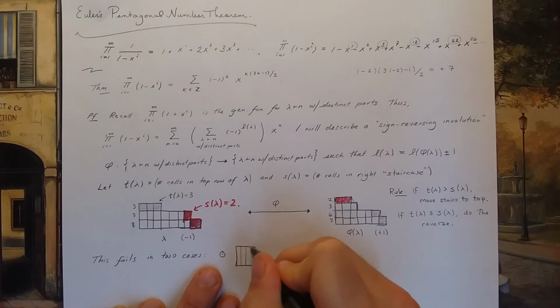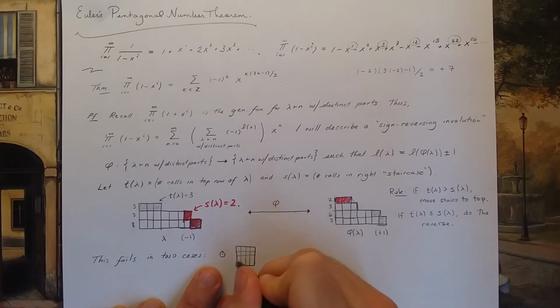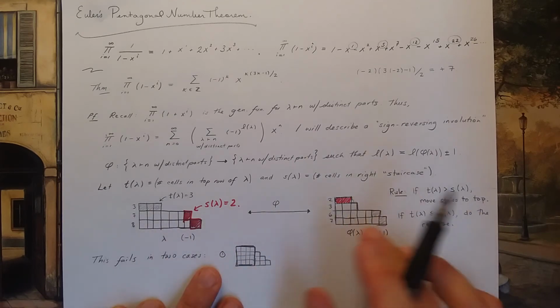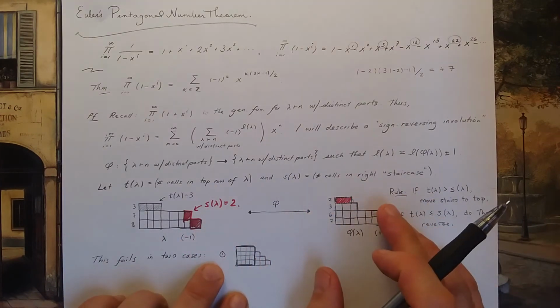Let's say my square is side length 4 in this picture. And then right next to the square, I have a triangle of height 1 smaller than the square. So if I have a square here, right next to a triangle of cells, then this involution will not work.